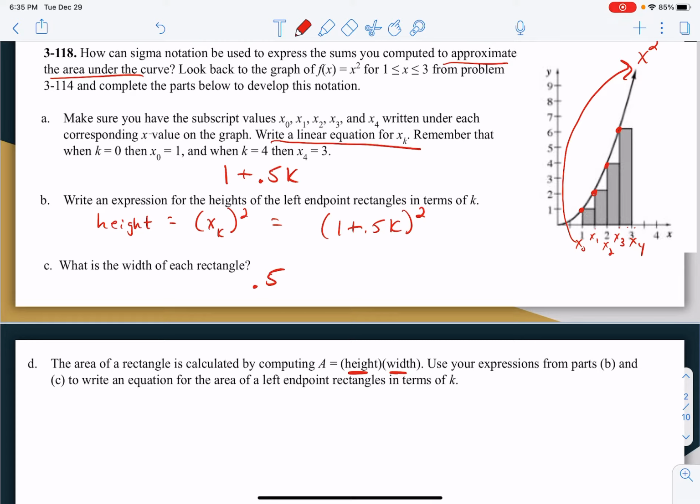So the area of the rectangle is the height times the width. So I can use my expressions that I just made to write an equation for the area of left endpoint rectangles in terms of k.